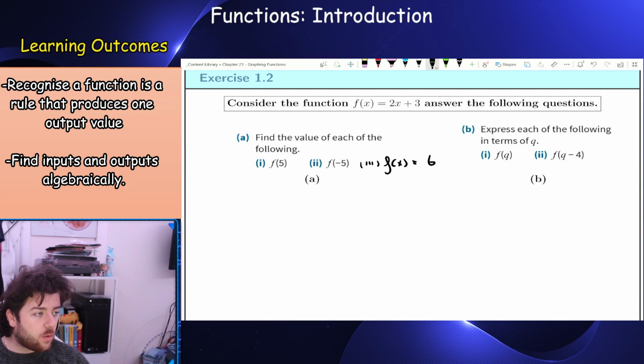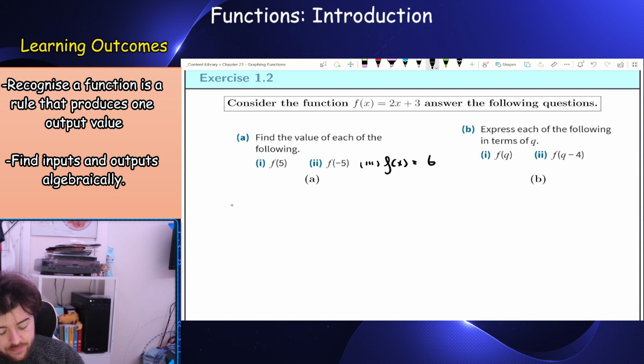Part A, find the value of each of the following. I need to find the value of f of 5, the value of f of minus 5, and then also the value of f of x equals 6. So I need to find what my input value is that gives me an output of 6.